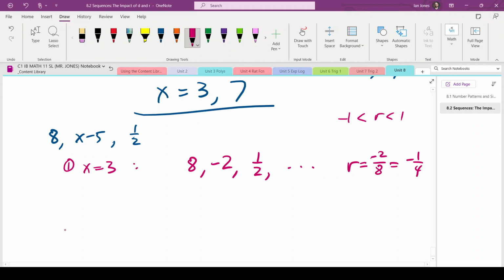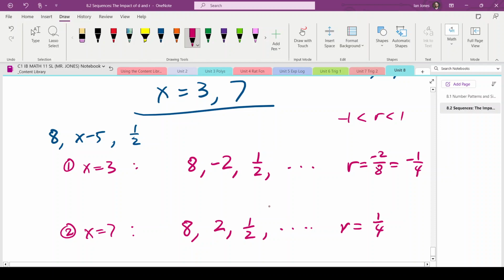Okay, that's interesting. The second one would be if x equals 7. What would happen there? Well, we'd have 8 first, of course. Then 7 minus 5 is 2, and then a half, and so on. Well, this is the other side of the same equation. Here we have r equals positive a quarter. Okay, and you can see how this is also going to converge to 0.